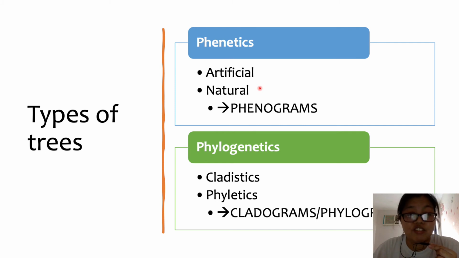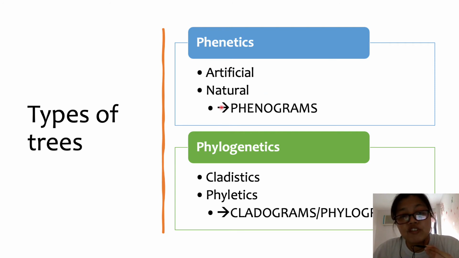When we say artificial phenograms, these are trees that are based on only a few easily observable characters. And this is made for a limited purpose only, where convenience and speed are very important.